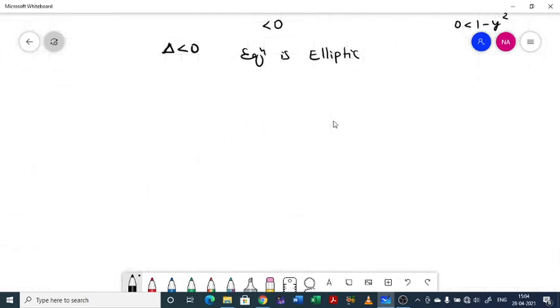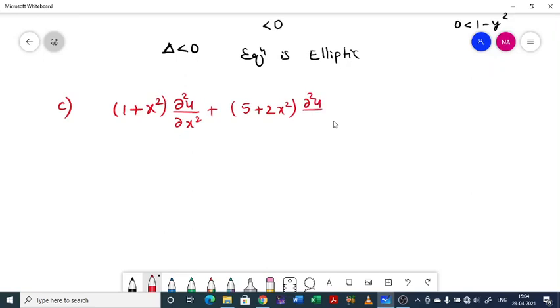Equation is (1 + x²) ∂²u/∂x² + (5 + 2x²) ∂²u/∂x∂t + (4 + x²) ∂²u/∂t² equal to 0. Solution.